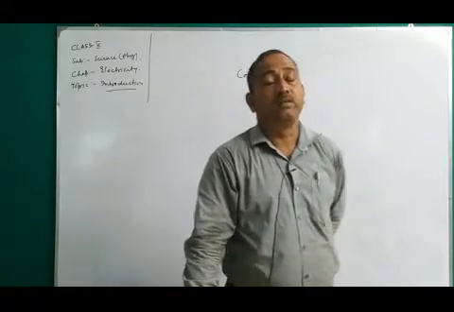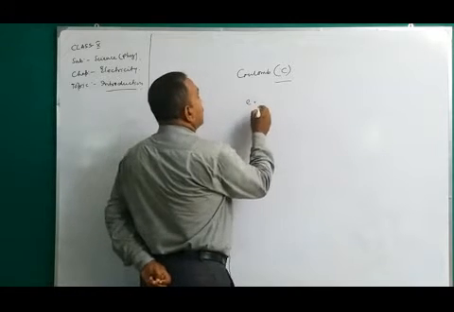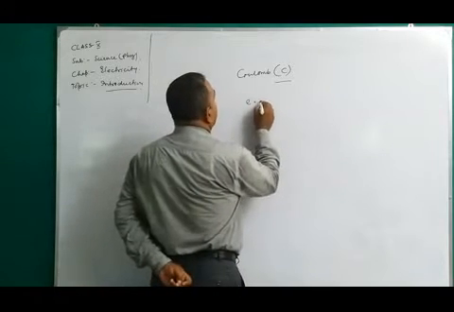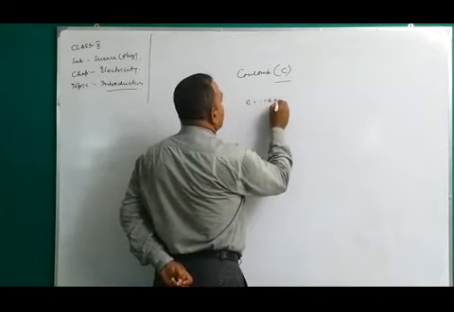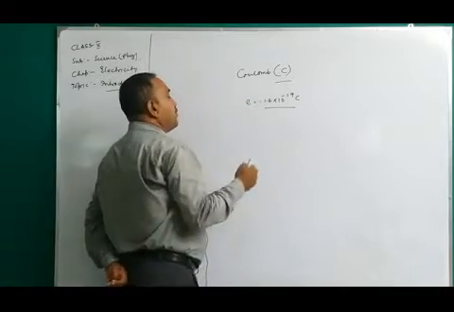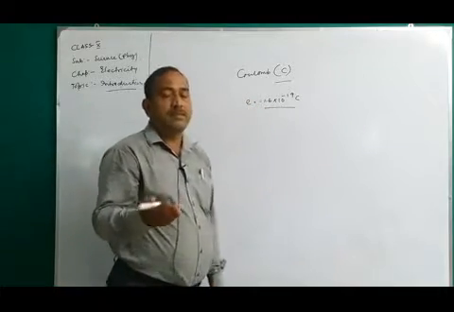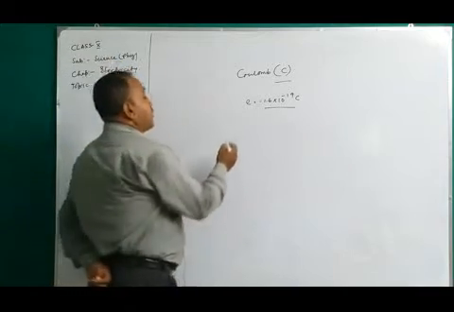The magnitude of the charge of the electron and the positive charge is the same. The charge of an electron is minus 1.6 into 10 to the power minus 19 coulomb. When you consider the positive charge, that means the plus. When you consider the negative charge, that is the electron.